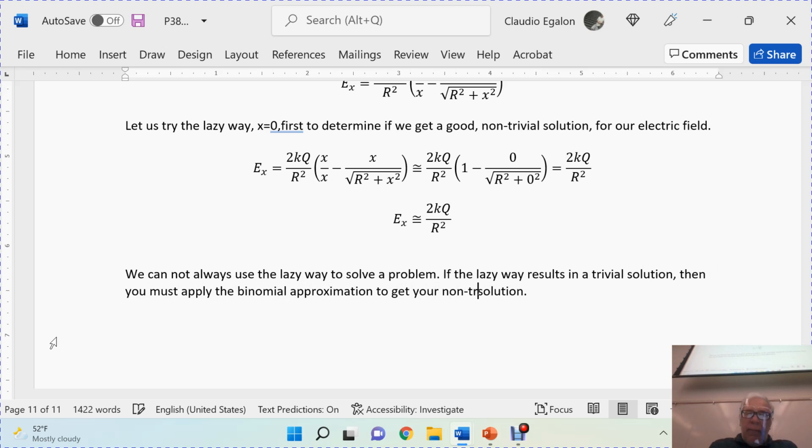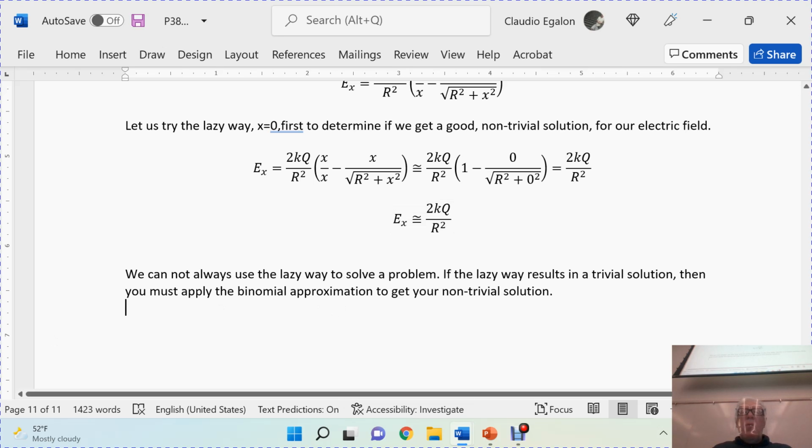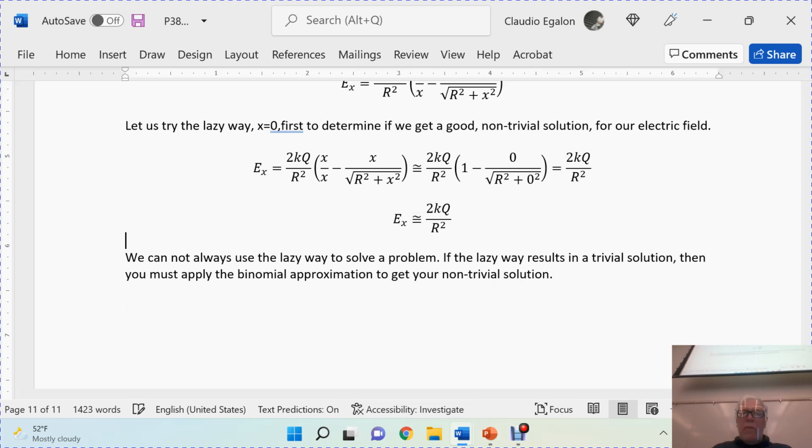Every now and then, by using just the lazy way, we find a non-trivial solution. But sometimes we don't. When that happens, you use the binomial approximation.